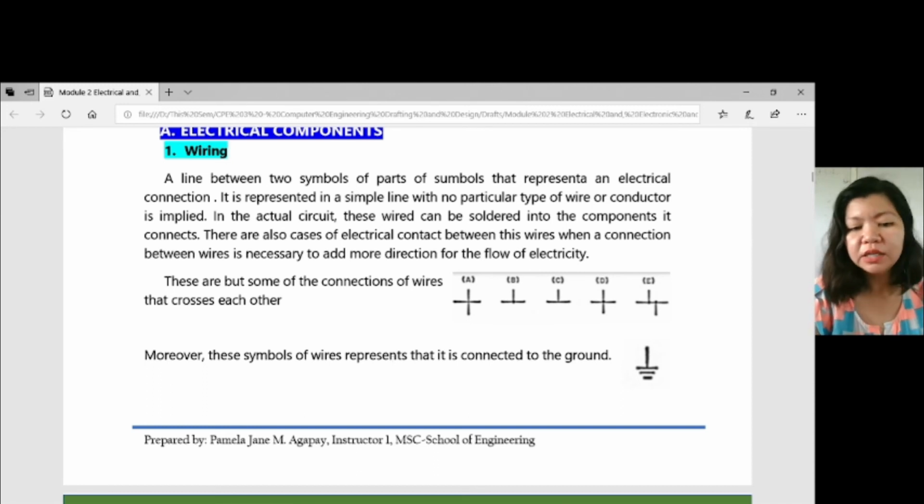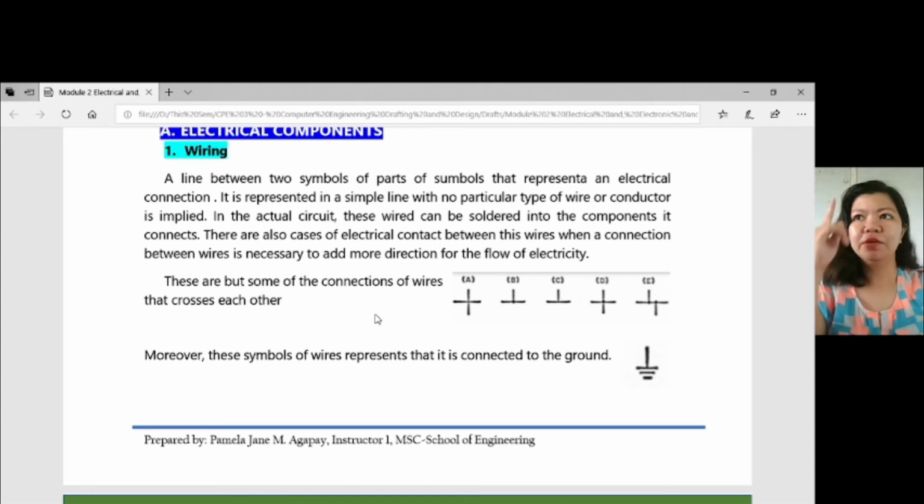So, basic lang naman. These are some of the connections that we might be seeing pag naka-encounter na tayo na nagde-design. Pwede siyang straight line, pwede tayong gumawa ng connections of wires that cross each other. It doesn't necessarily mean na kailangan nating magbuhol ng wire and then connected.